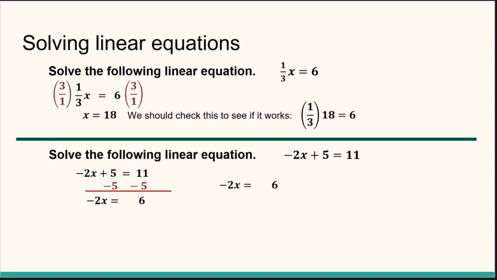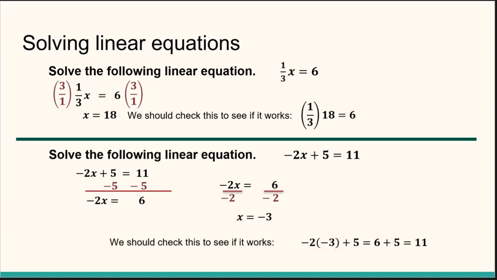Now once I've got that down, then I'm going to divide both sides by -2, and I will get x equals -3. Once again, I better check this. And -2, substituting in that -3, so -2 times -3, that's 6 plus 5, that equals 11.